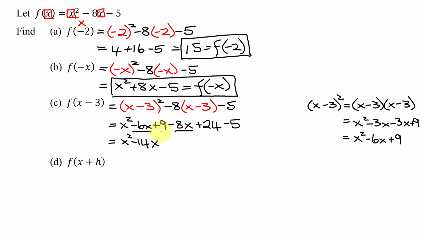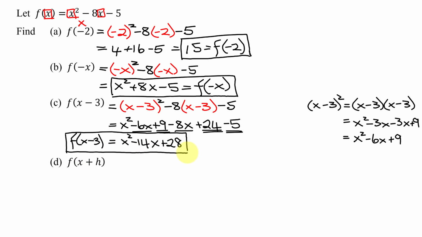And then I have constants, 9 and 24 is 33. 33 minus 5 is positive 28. So f of x minus 3 is equal to x squared minus 14x plus 28.